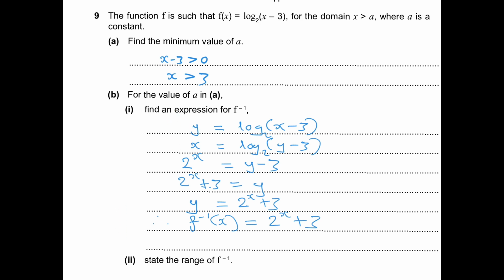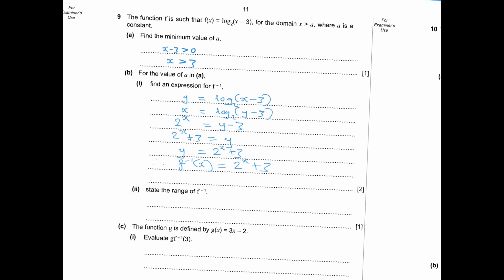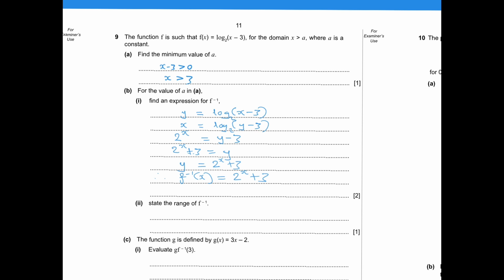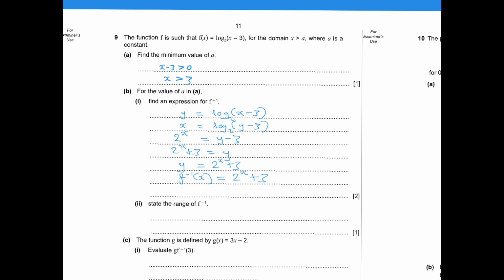And then in part 2, what are we saying? We are to state the range of the inverse function. Now remember what we said, the relationship that exists between the function f and its inverse. The domain of the function becomes the range of the inverse function.